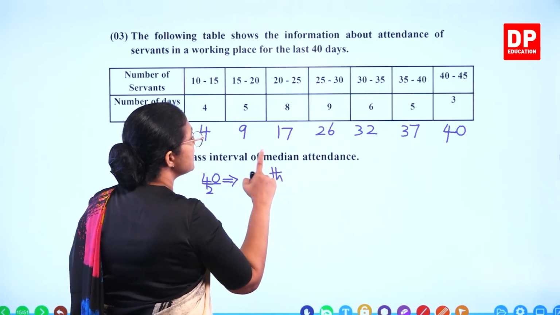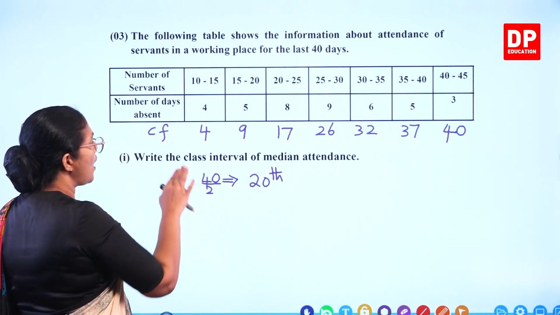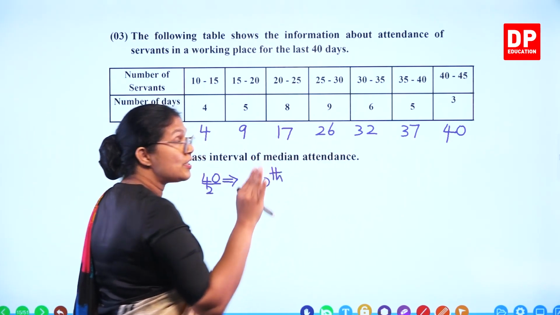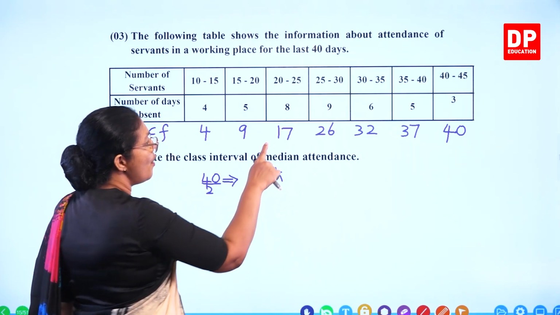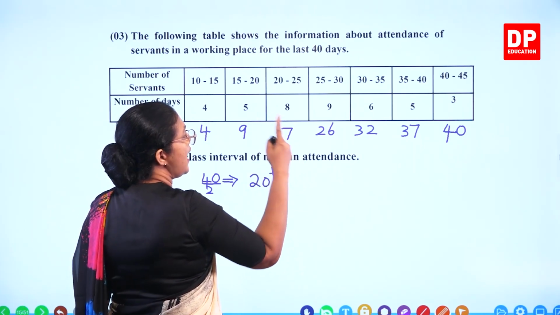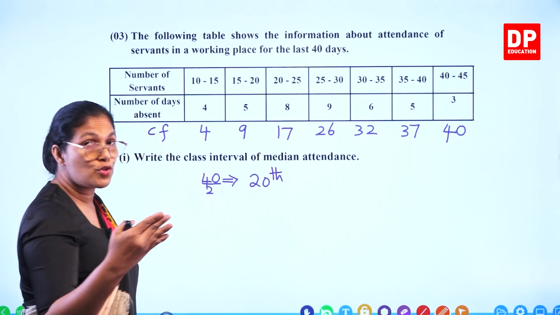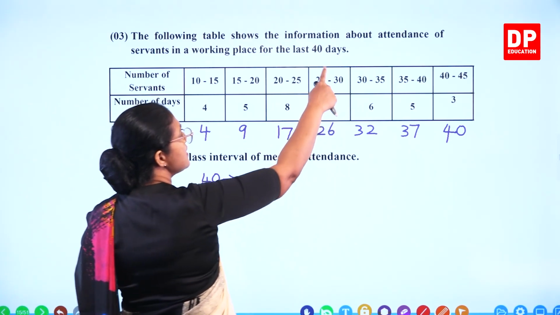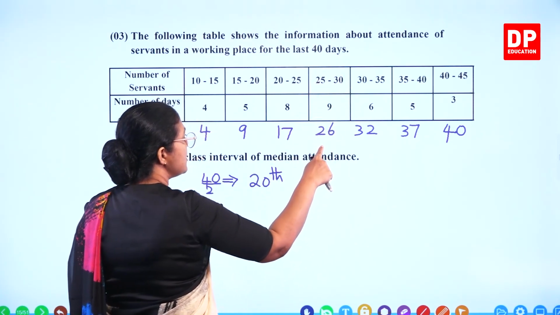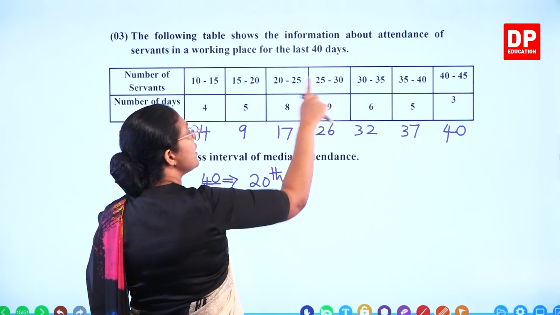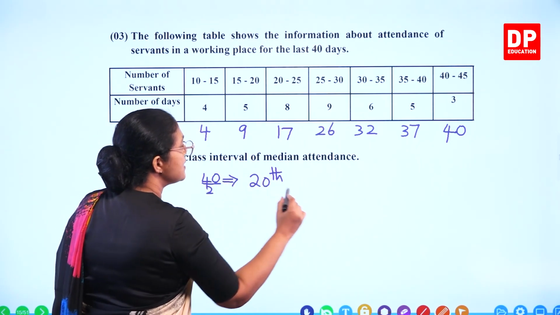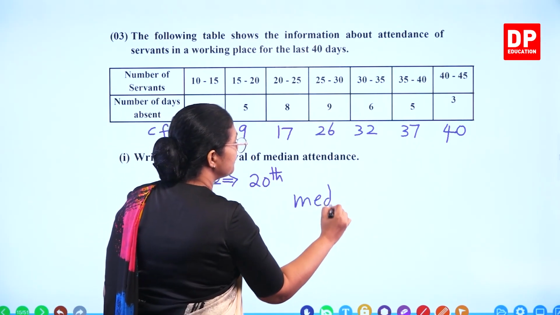Now you have to consider where you get the 20th one. So look at the cumulative frequency row. Here after 17th, 18th, 19th, 20th, up to 26, that's this interval. So that means the 20th one is also included in this interval. So what is the median class?